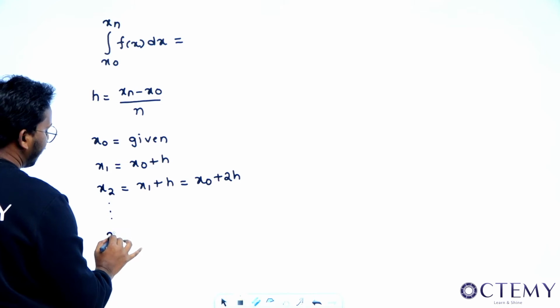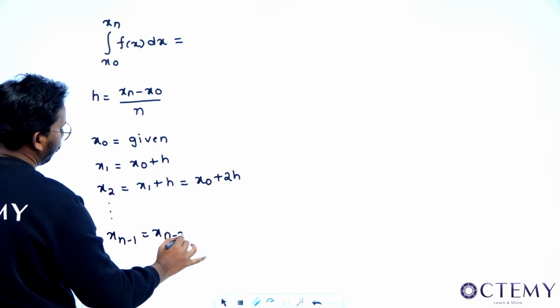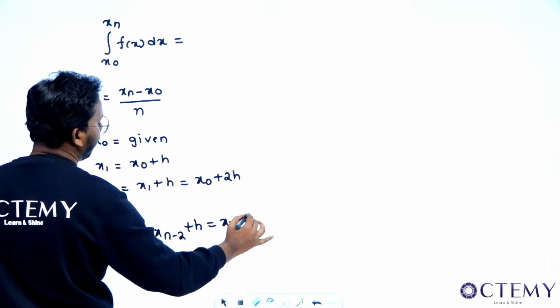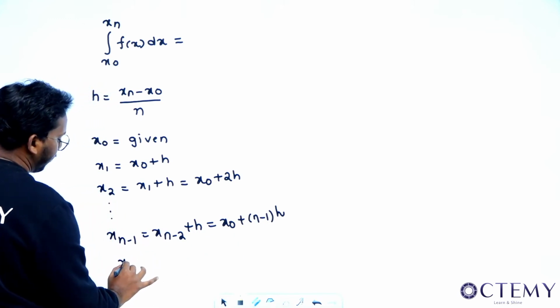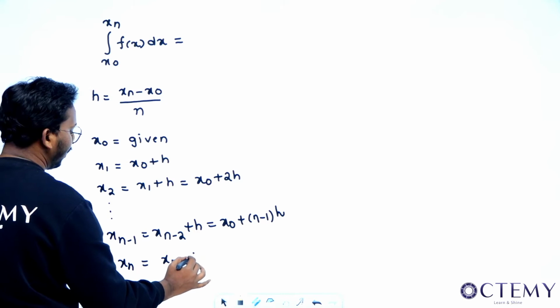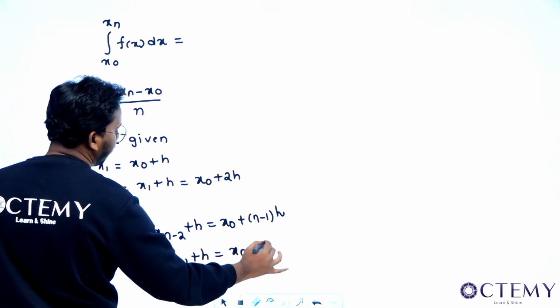Similarly, xn minus 1 would be xn minus 2 plus h, or x0 plus n minus 1 times h. And your xn will be simply xn minus 1 plus h, or x0 plus nh.